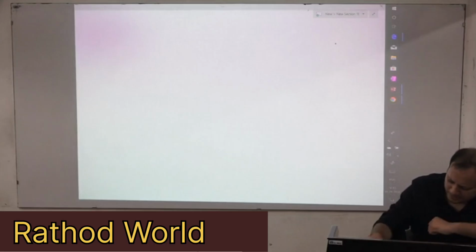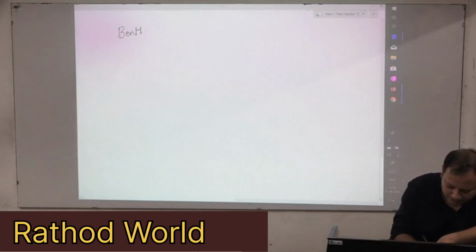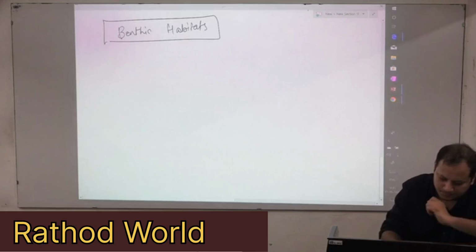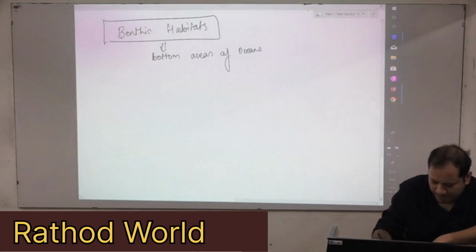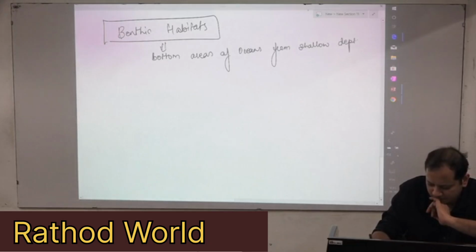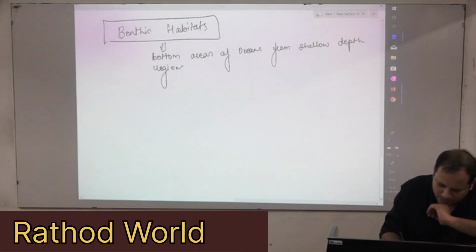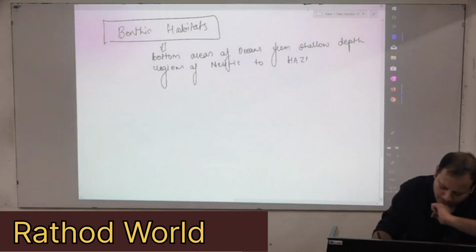And very quickly, benthic habitats. These are the bottom areas of oceans, from shallow depth regions of neritic to the hadal zone bottoms.